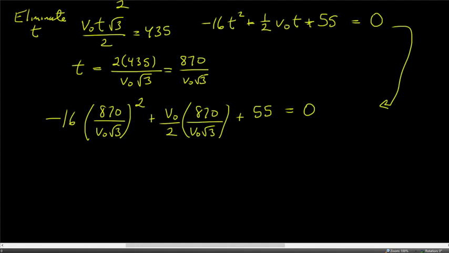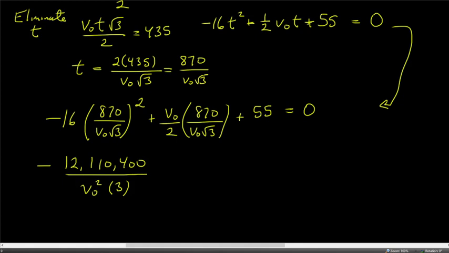So 870 squared is 756,900 times 16. So this is going to be a pretty big number here. This is negative 12,110,400, all divided by v0 squared times 3.